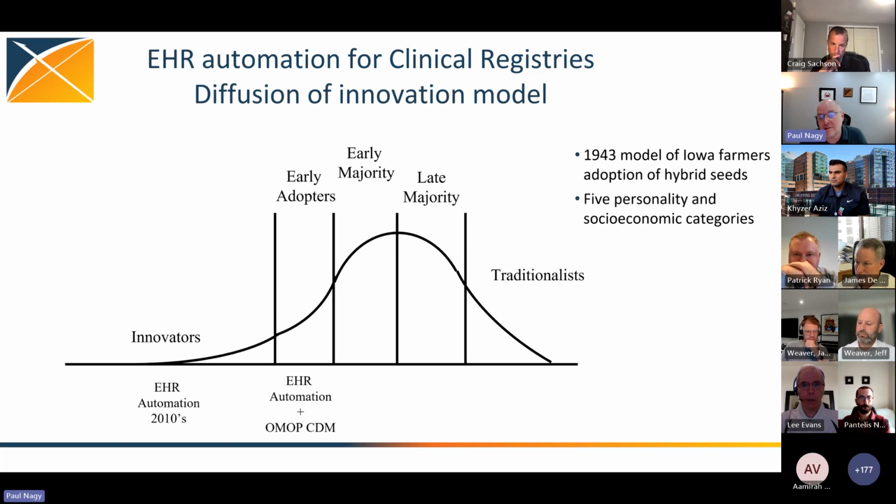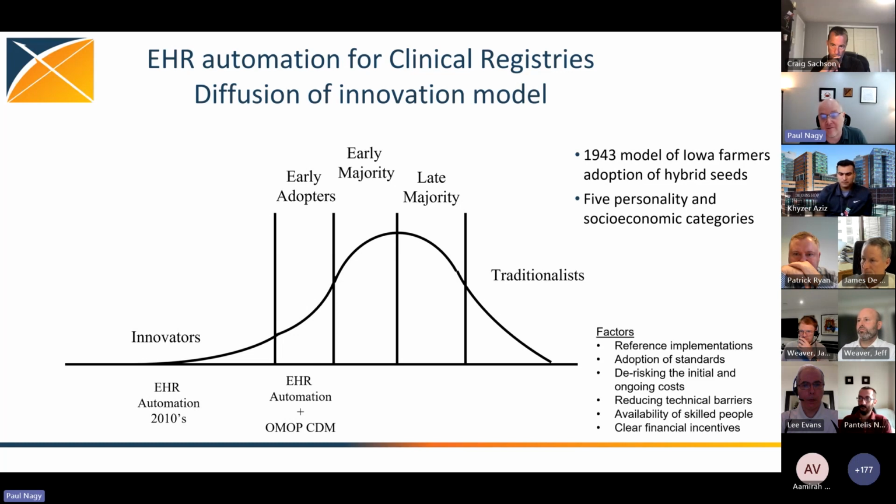And just in case you're interested, what are some of the factors that really are going to be critical to the next steps of adoption of clinical registries for OMOP and EHR automation? Historically, they are things like having reference implementations to build off of, clear adoption of standards that become path dependent, clear de-risking of the cost of doing it, reducing the technical barriers, having availability of people that can actually perform the tasks is a key step, and then having clear financial incentives.